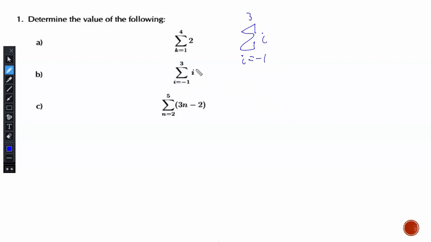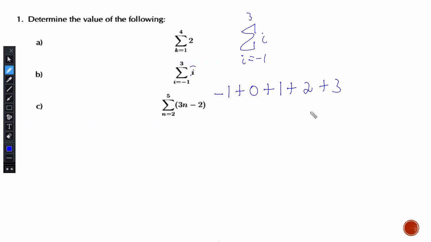Since we only have i here, this means we'll have -1. Then after -1, we know what follows. It's 0. So all we have to do is -1 plus 0, then followed by 1, followed by 2, then followed by 3. Then all you have to do is simply grab your calculator and punch all of that.